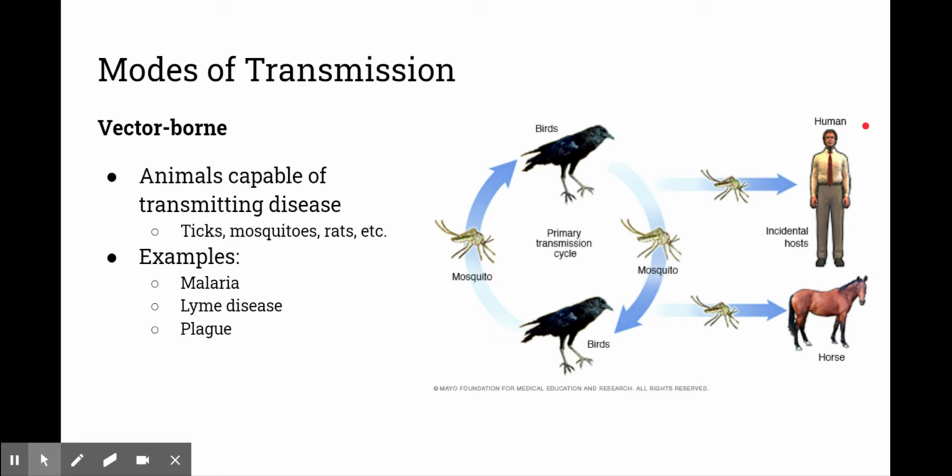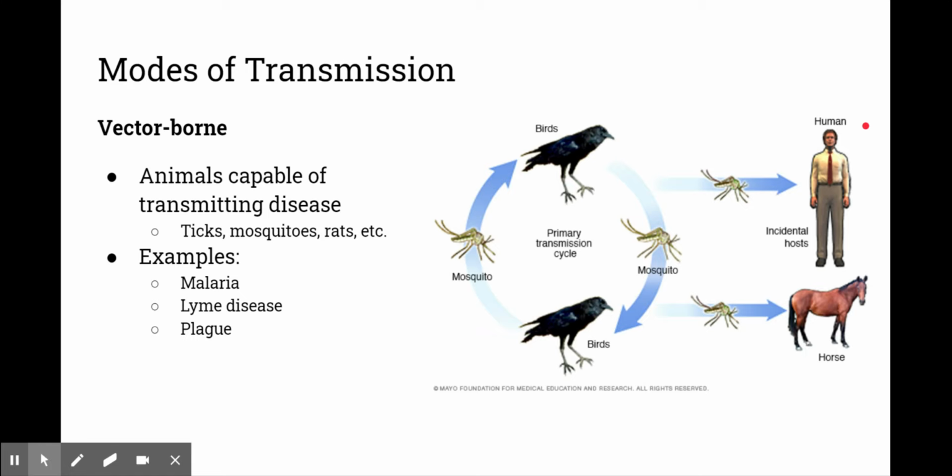Some pathogens need a little help. They need a little help from an insect like a mosquito or a tick or some other kind of go-between. Vector borne diseases are what we're talking about here. Malaria is a vector borne disease. Lyme disease is a vector borne disease.